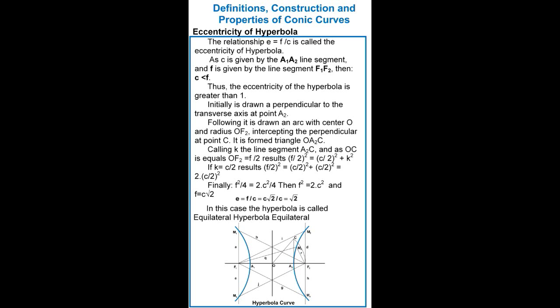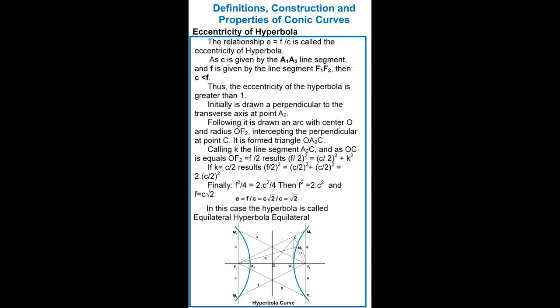Calling the straight line segment A2C by the lowercase k, and since the dimension of the segment OC is equal to the dimension of the segment OF2, which is equal to half the focal distance, applying the Pythagoras theorem in the triangle OA2C results that the square of half the focal distance is equal to the square of half the constant of definition plus the square of the dimension of the straight line k.